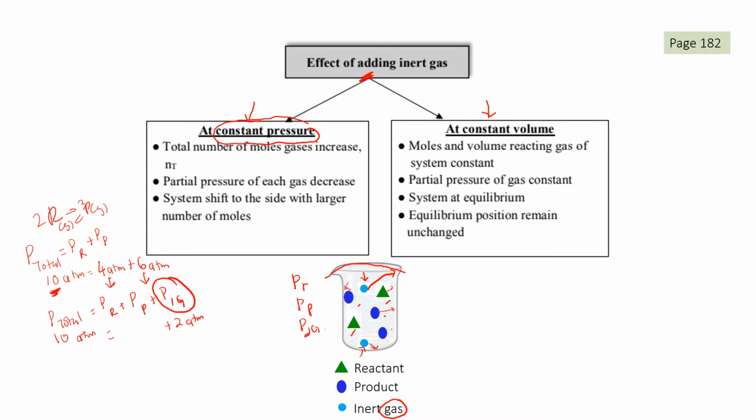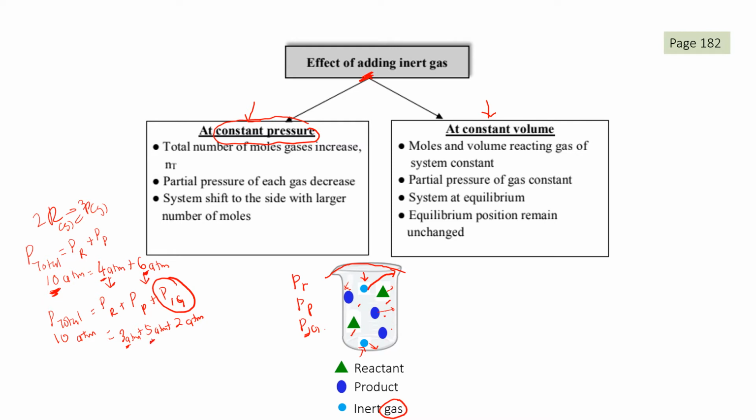Contohlah kita kata ini dia akan tinggal sebanyak 3 atm sahaja. Yang ini akan ada 5 atm. So instead of ada 4 pressure from the reactant, dia dah reduce kepada 3. Instead of ada 6 pressure for the product, dia dah tinggal 5 sahaja.